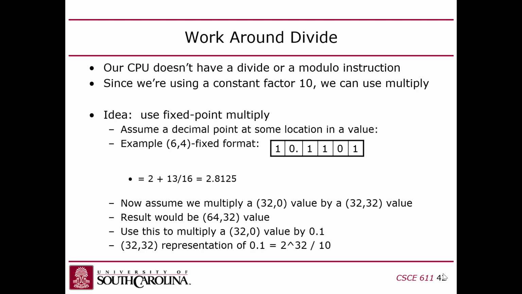You're going to treat all those 8 bits as being fractional bits to the right of the decimal point. That makes sense? I should be calling it a radix point because decimal implies that it's base 10, but I'm talking about a binary number, right?